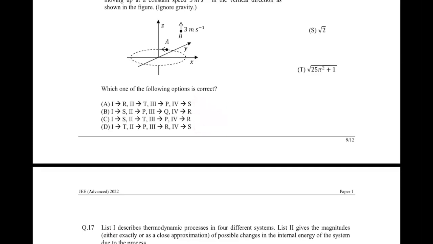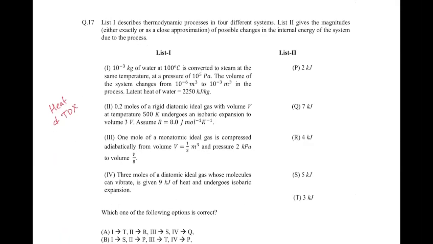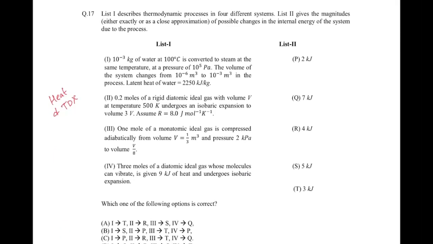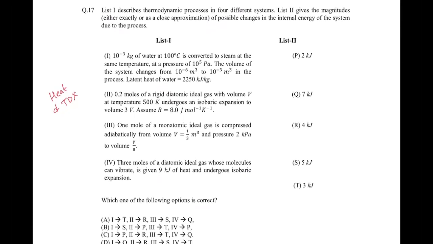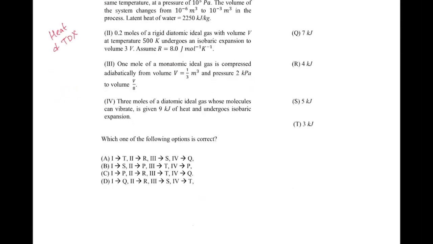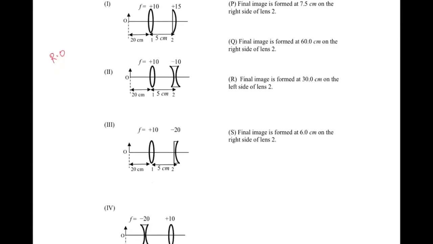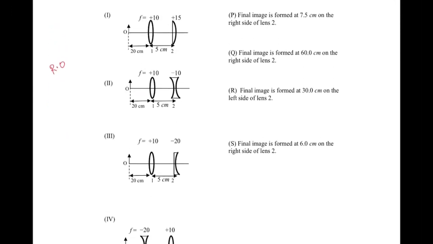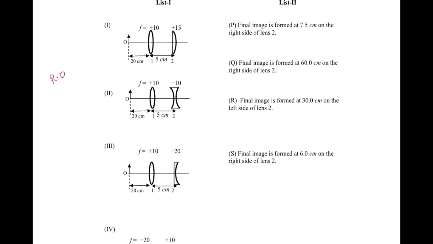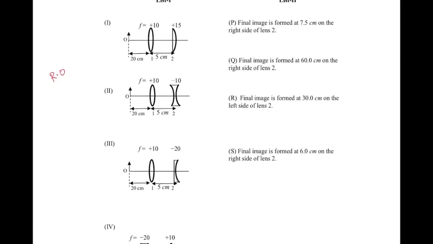I will take that as a separate discussion. 17th one is again heat and thermodynamics based, a matrix match question. And the last one, the 18th one, is a ray optics based question, where they have lenses, and based on again 4 different scenarios, you need to match the options.